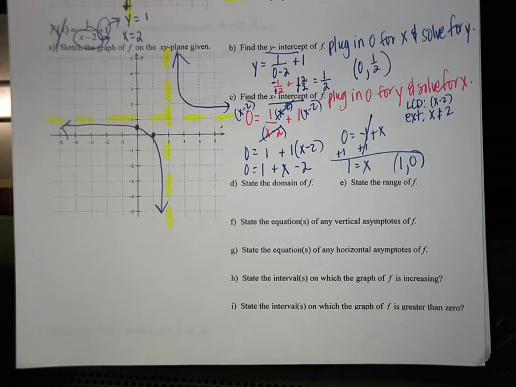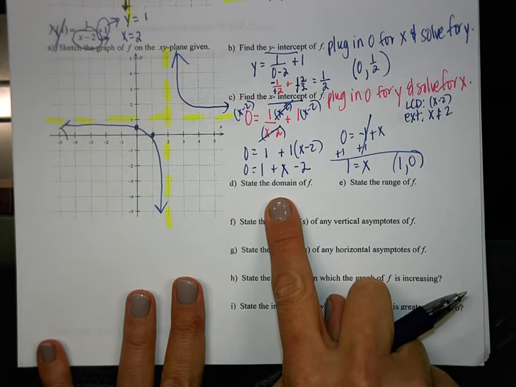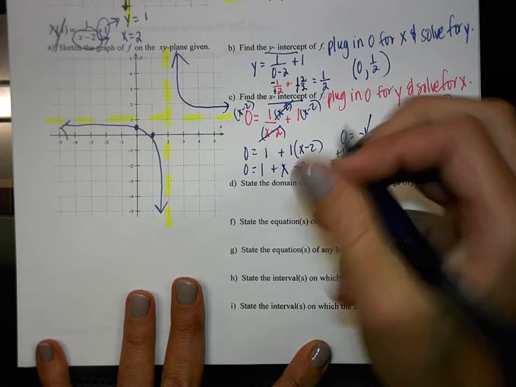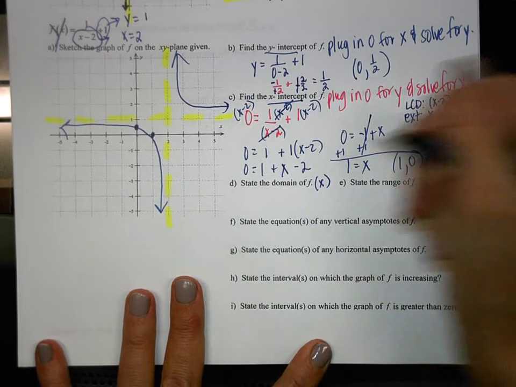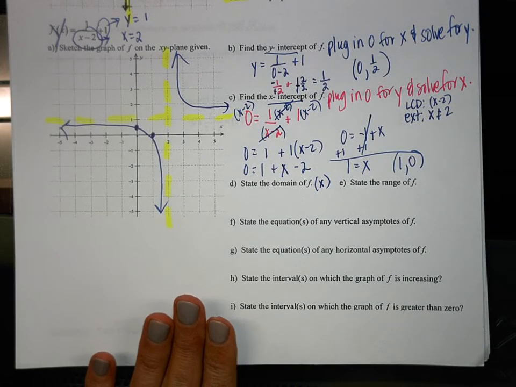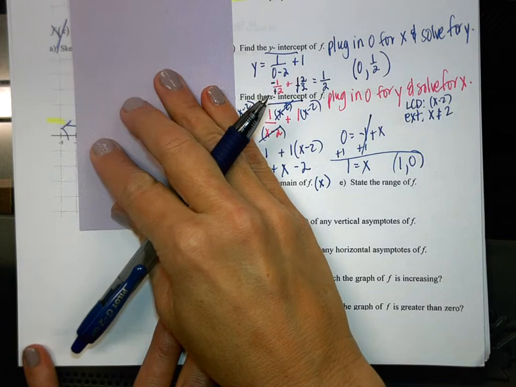Okay. Now we're going to go and answer all these questions. Okay? Domain. Domain is always dealing with our x value. Very good. If you need a new note card, you can come and grab one or get one from the drawer later. But remember the domain, we start at the left.